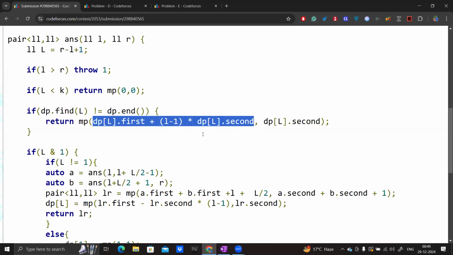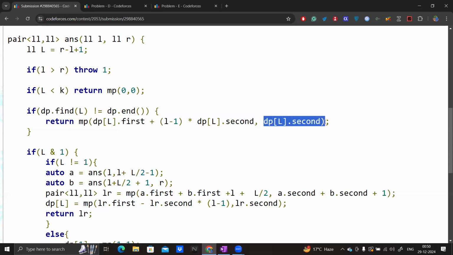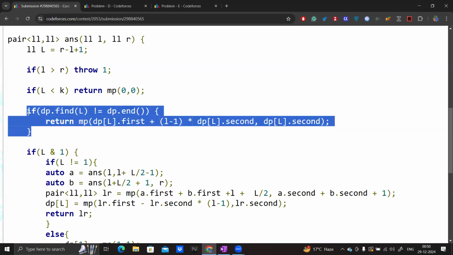Because the answer is for 1 comma L and we want from small L comma R, so we shifted by L minus 1, right? And second would be just second, the number of elements won't change. So we just return it if we already have the answer.